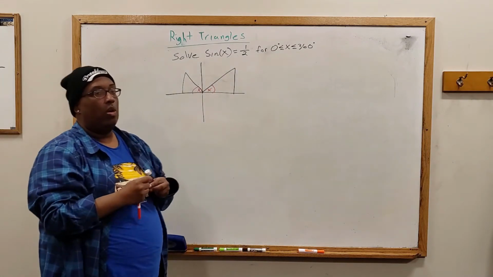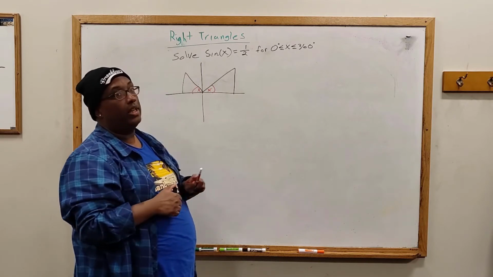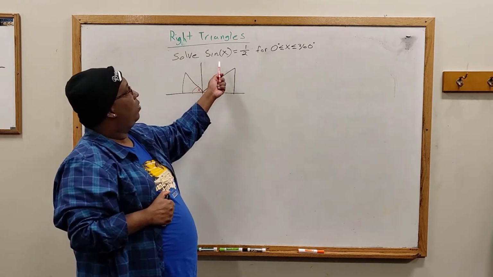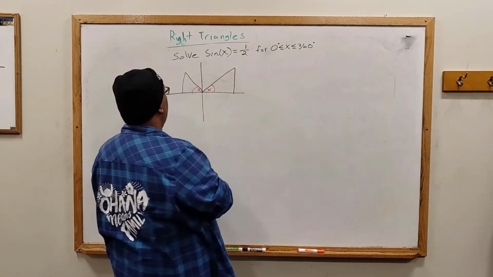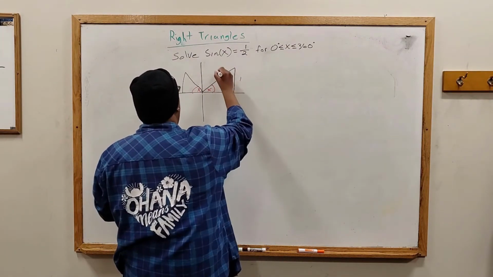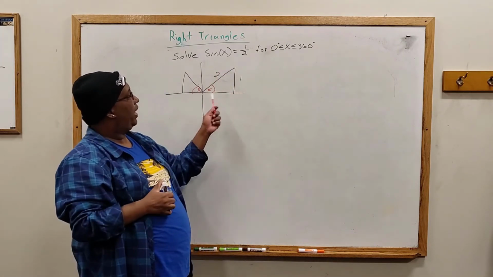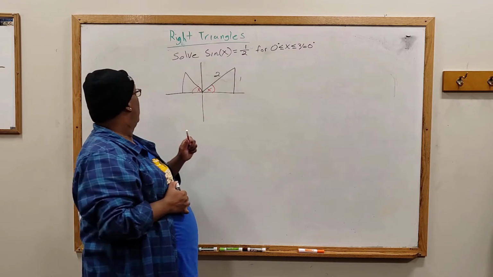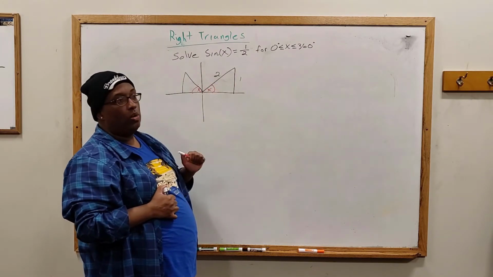Now, we can also use the idea of SOHCAHTOA, saying that sine equals opposite over hypotenuse. So that means we have opposite over hypotenuse. And I see we have 1 and 2.